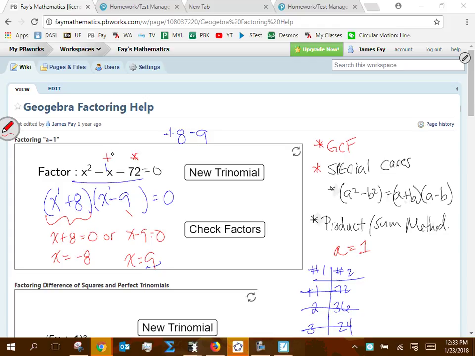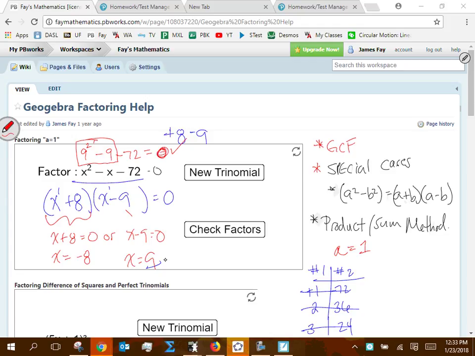And those are then the solutions that when I plug it in here, if I plug in 9 right there, what's 9 squared? 81. Minus 9. What's 81 minus 9? 72. What's 72 minus that 72 right there? If this is 72 here, what's 72 minus 72? It's that 0.